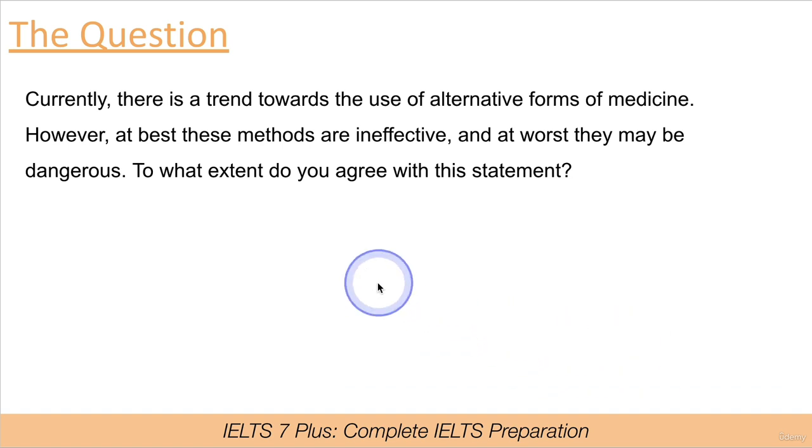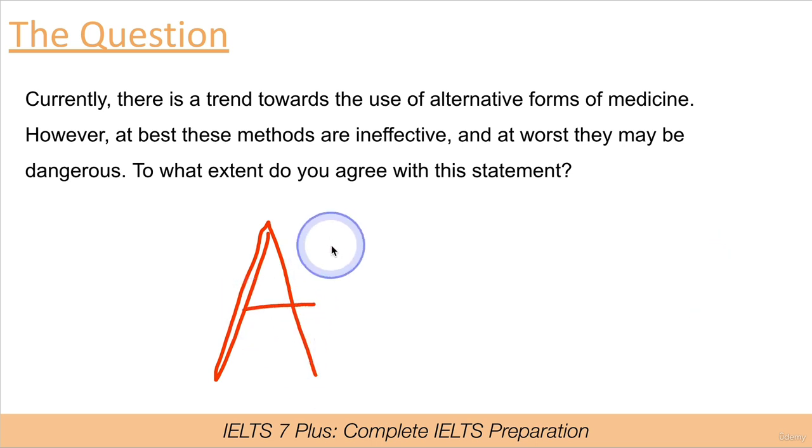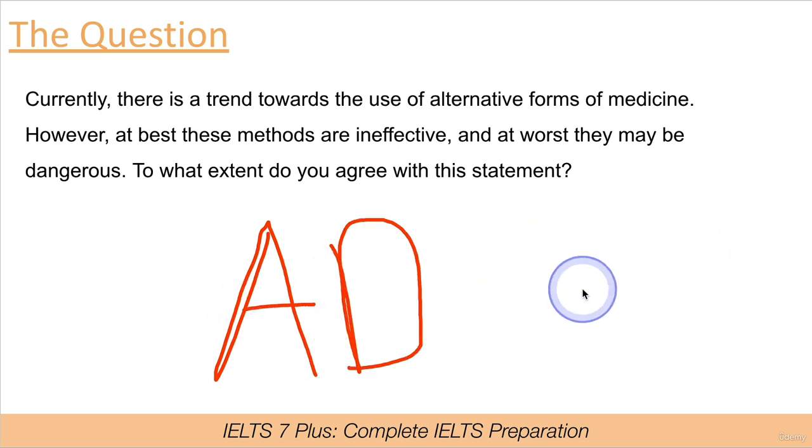Right, so the first thing that jumps out at me is this sentence here, to what extent? So now I know what type of question I'm being asked. It's an opinion question, and the question wants us to decide whether we completely agree with this statement. We might completely disagree with this statement. Or alternatively, we could both agree and disagree, so we could do one paragraph for either.